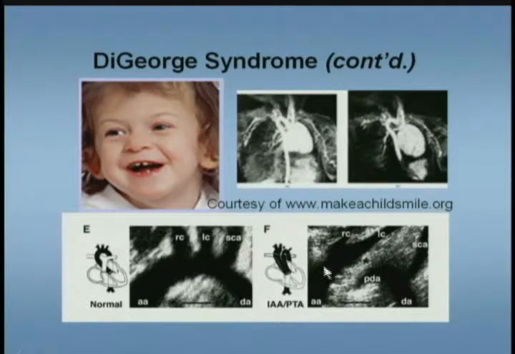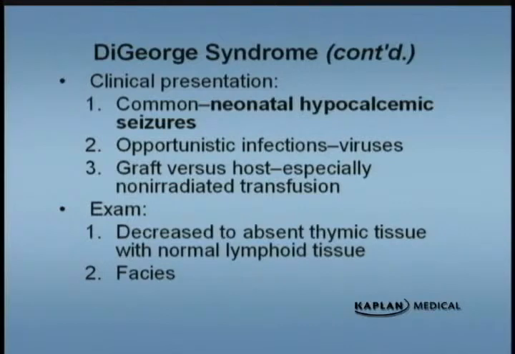They'll have a common outflow tract. So this is an interrupted aortic arch. You see that the arch is coming up this way, then it's somewhat interrupted right here where that asterisk is. And on the angio, you can see a large vessel exiting the heart. This would be your conotruncal or your truncus arteriosus. Again, look for a neonatal hypocalcemic seizure.